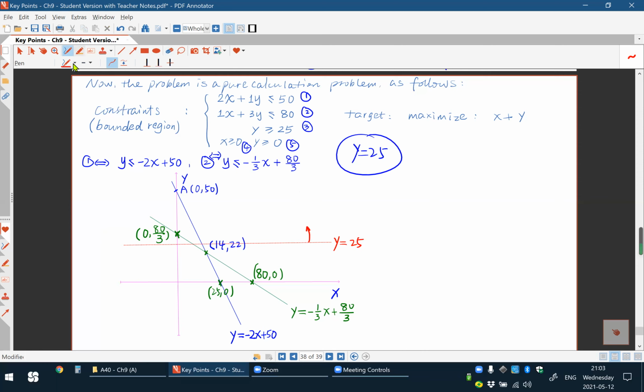Okay, so the first region is below this line, right? And second region is below the green line. Okay, below the green line.